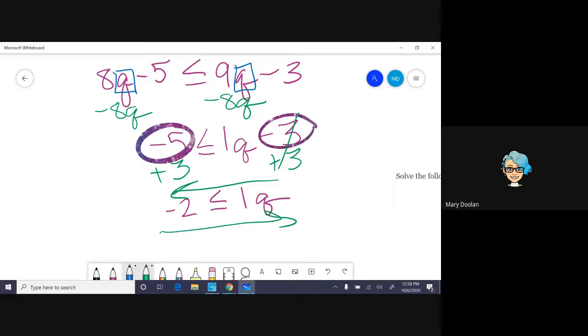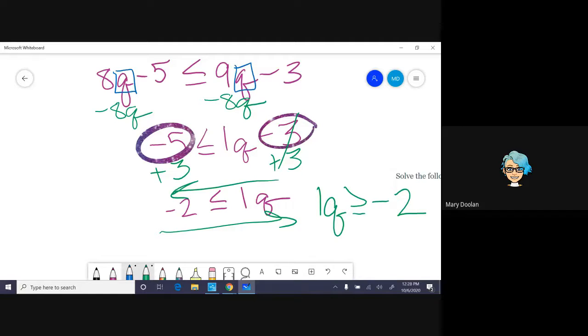So this is the same thing as q, or 1q, is greater than or equal to negative 2. If I read it from left to right, negative 2 is less than or equal to q. If I read it from right to left, q is greater than or equal to negative 2. It's like I'm reading backwards.